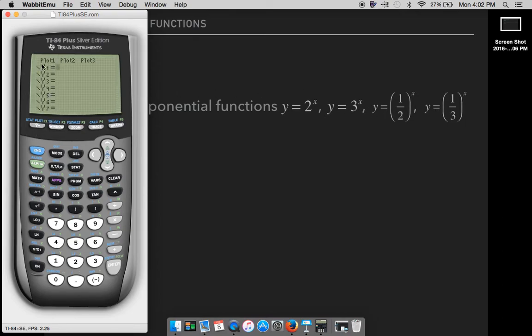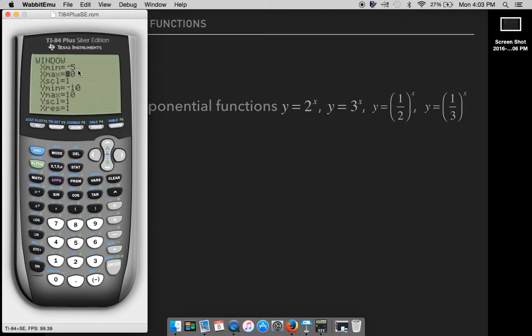I've selected the y equals screen where my graphing capabilities are, and I'm going to type that in. It is a 2 raised to the x power. I have to use this variable x button and then press enter. I also want to change my window just a little bit here.